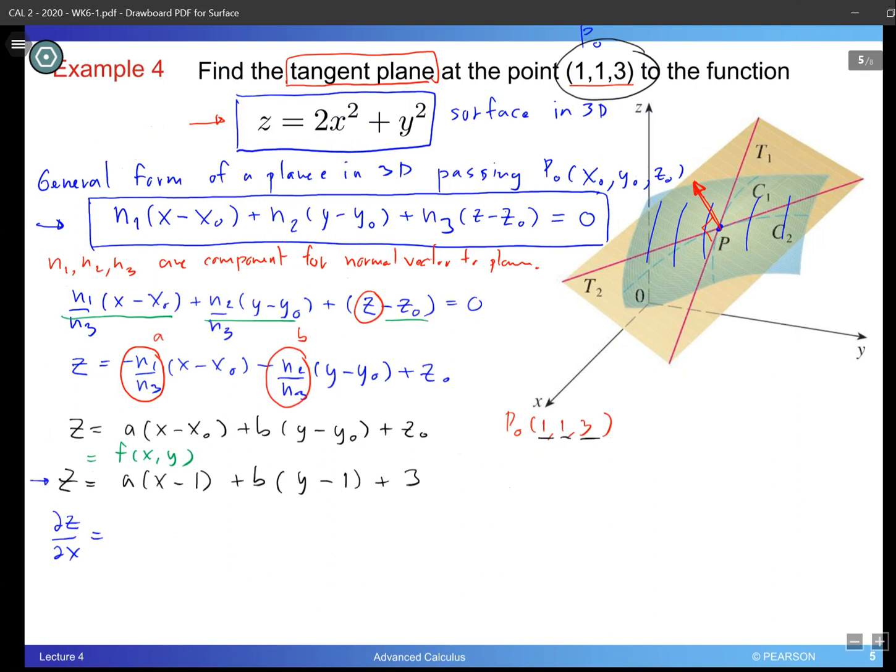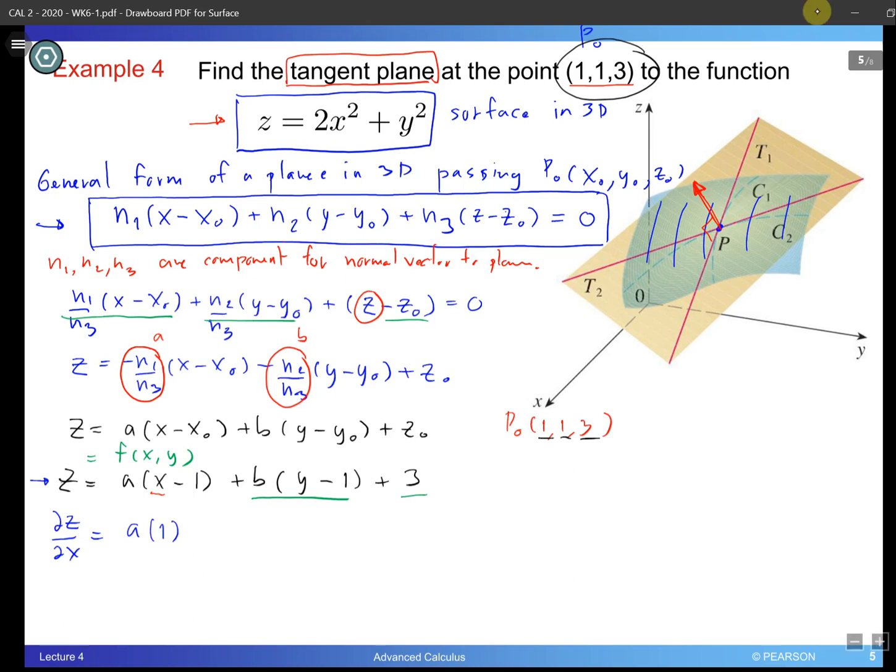And as you can see here, I can just diff this with respect to x, and I get a, right here, constant, doesn't change, and I get 1. If I diff this with respect to x, I get 0 because I treat y as a constant. I diff this with respect to x, I get 0 because 3 is a constant.